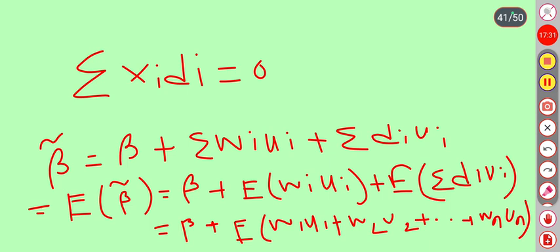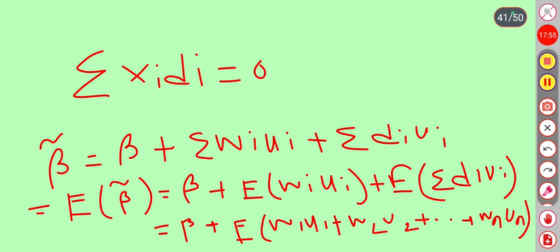This is beta plus w1 into expected value of u1, w2 expected value of u2, w3 expected value of u3, similarly d1 expected value of u1, d2 expected value of u2, d3 expected value of u3 and dn expected value of un.